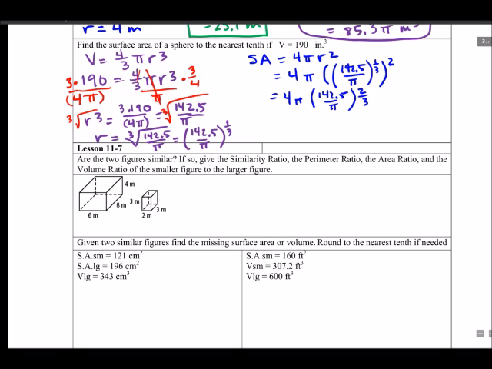exponent. Don't forget that on your calculator this is the up hat, and use your parentheses, 2 divided by 3. Or you could also use your cube root, and that would look like the cube root of 142.5 over pi, squared.